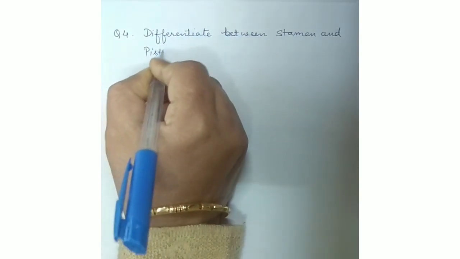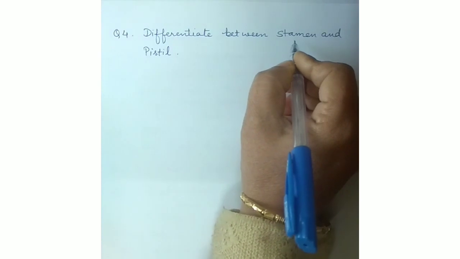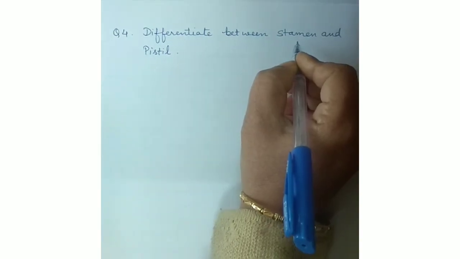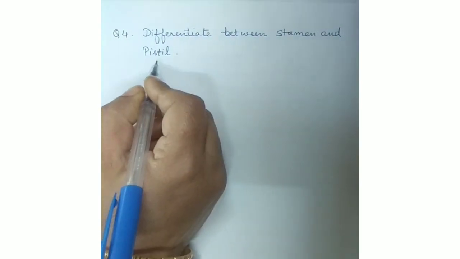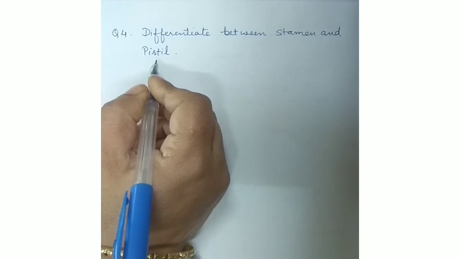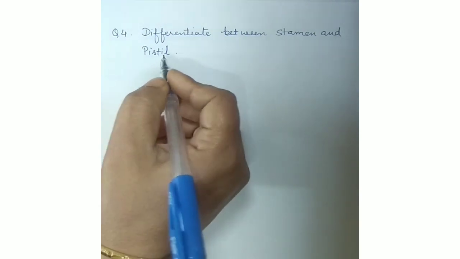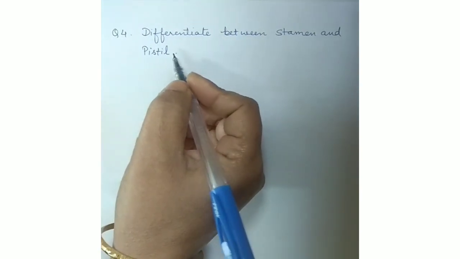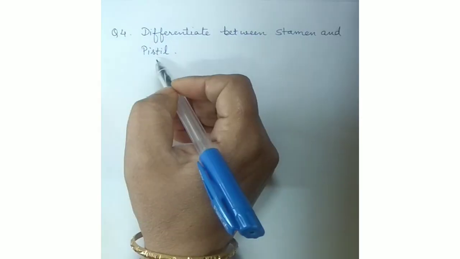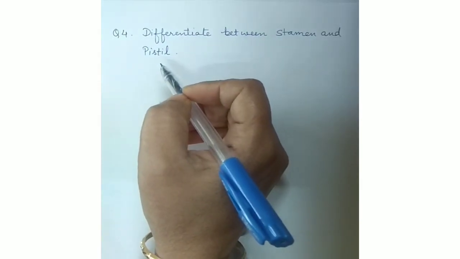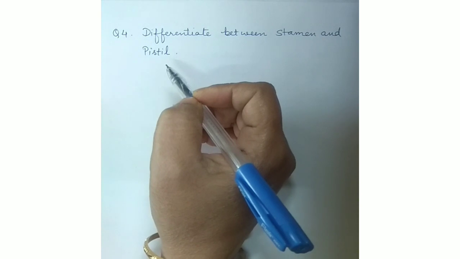Now, as you know very well, stamen is the male reproductive part of the plant and pistil or carpel is the female reproductive part of the plant. Now, write down at least two differences between stamen and pistil. You can also draw diagrams to distinguish between them.